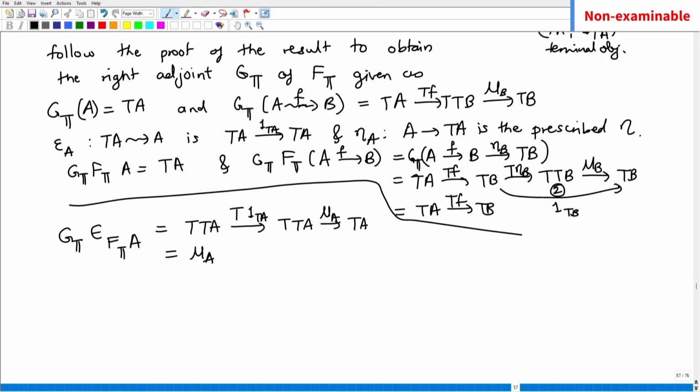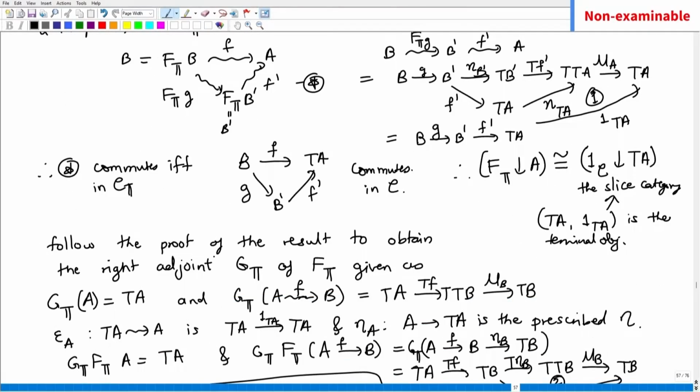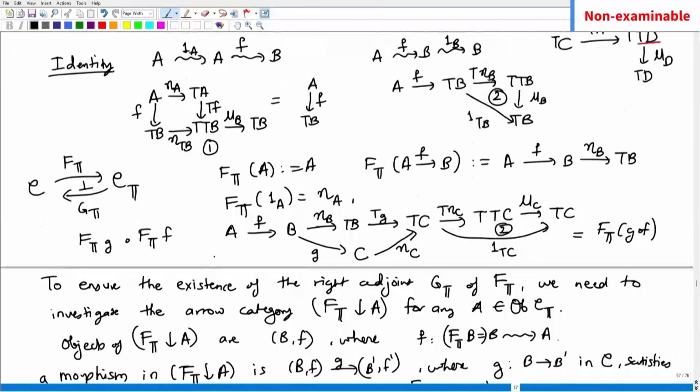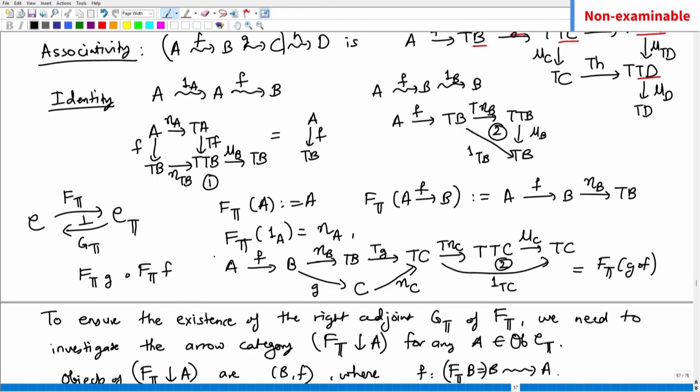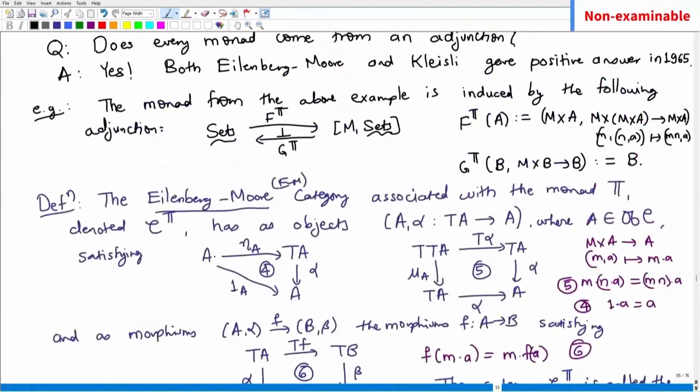So we have verified literally every single thing. And therefore, what did we show so far? That we found this particular adjunction, FT GT, which induces the same monad. If you remember, what was our original question?